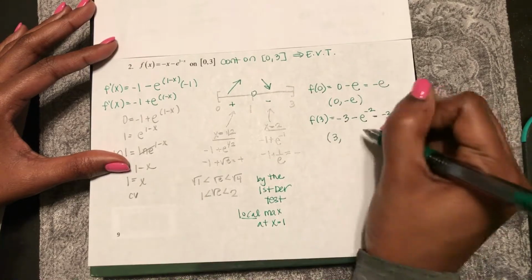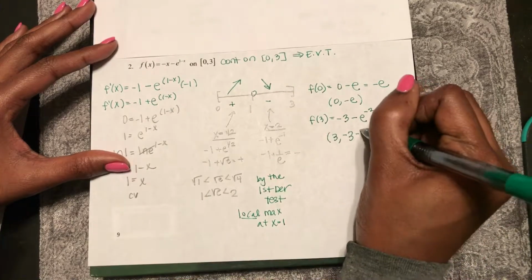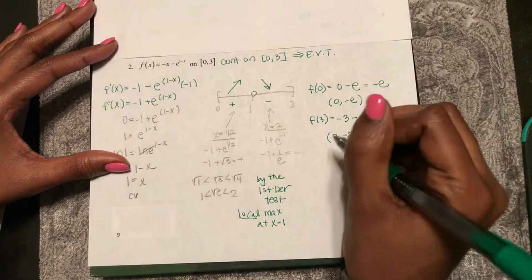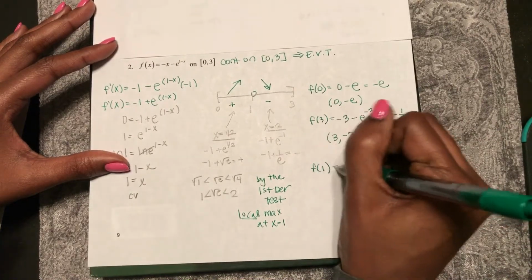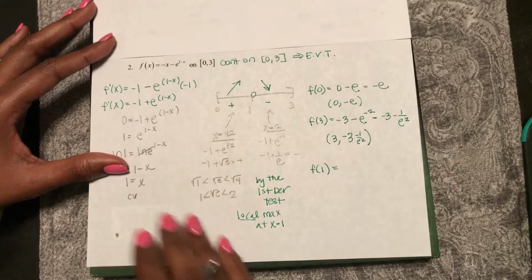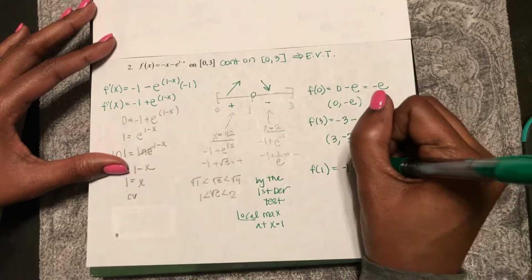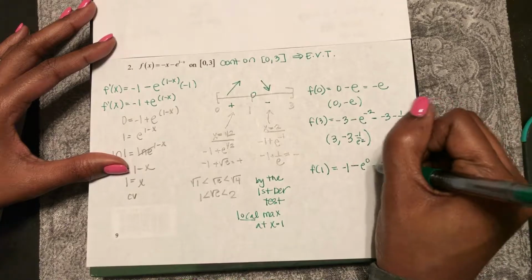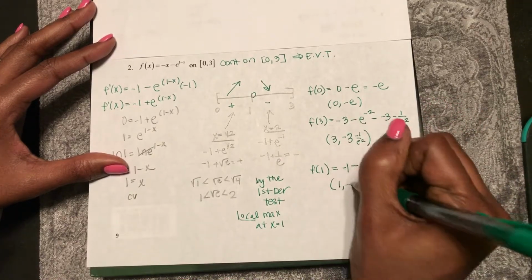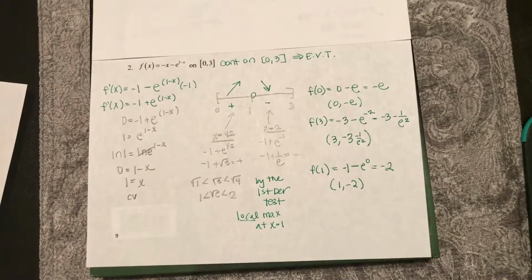So that's the point (3, -3 minus 1 over e squared). And then let's check f of 1. Plugging in 1 here, I have -1 minus e to the 0, which is -2. So (1, -2) is a point.